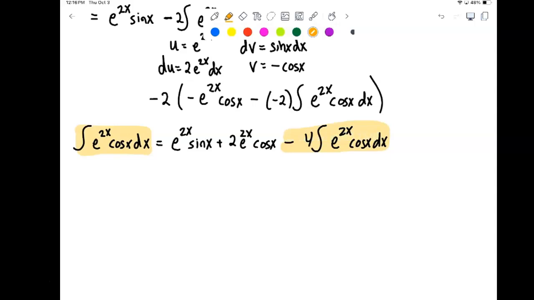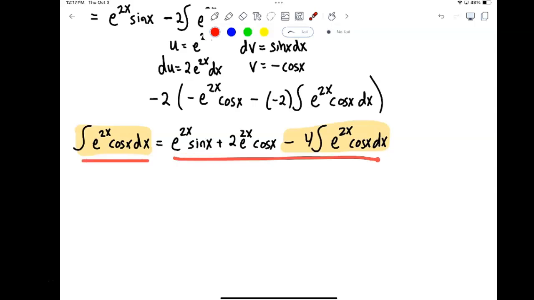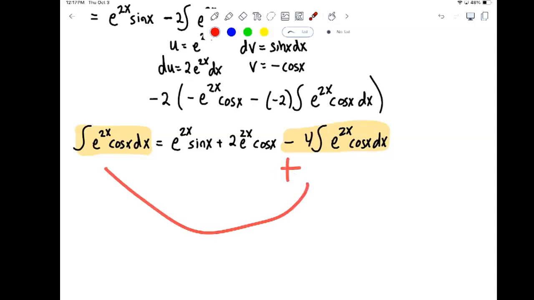So guess what, this is an equation. This side is equal to this side. So what we can do is take this piece right here and add it onto the other side.